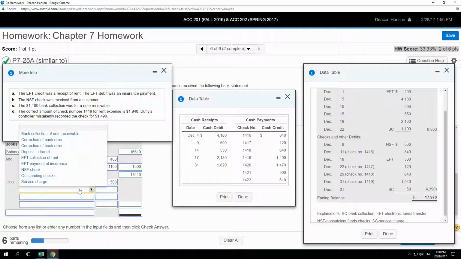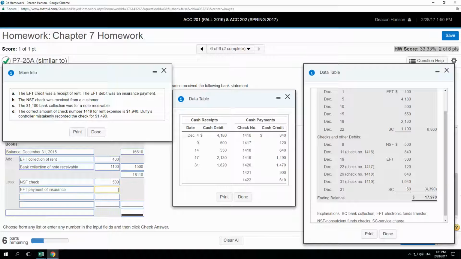Okay, so we're going to have an EFT payment of insurance, $300. Continuing on, we got the 120, and the 640 for check 1418. We got that.